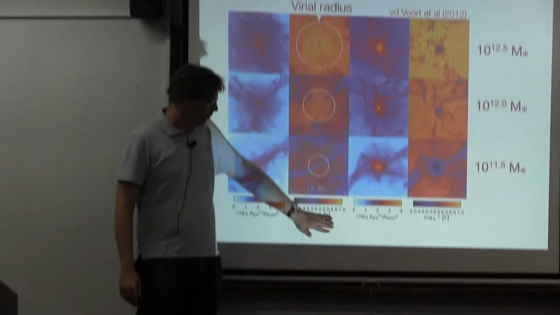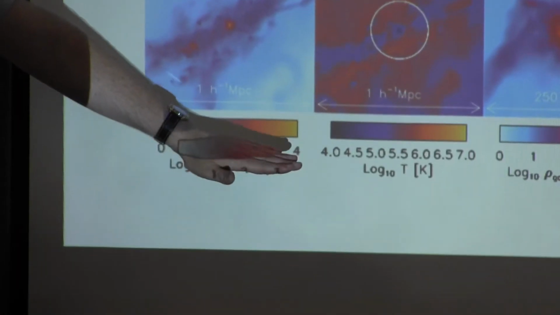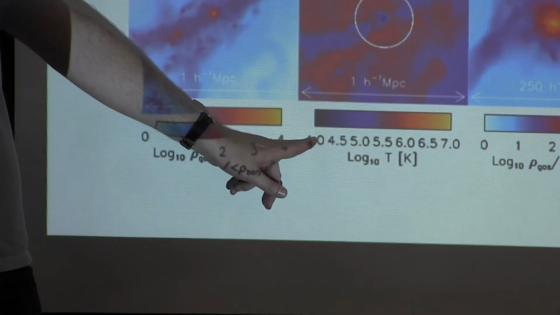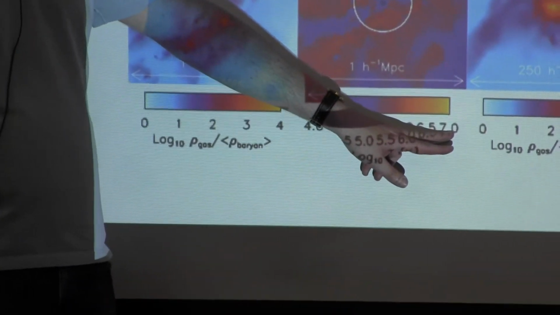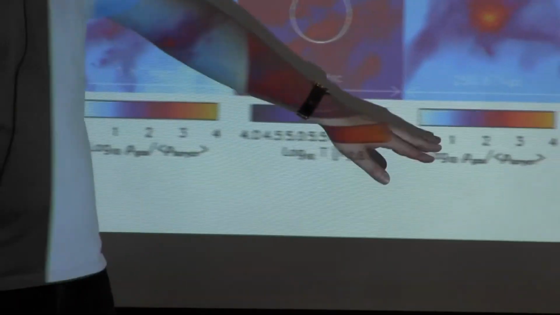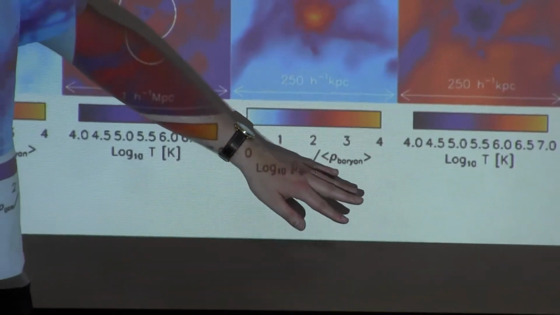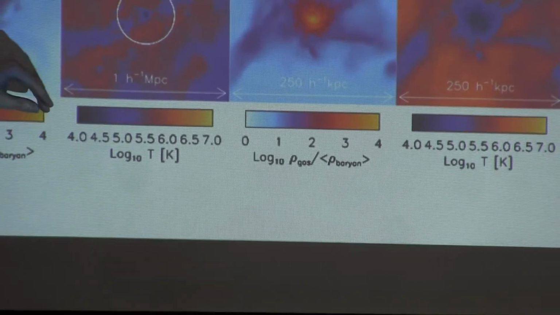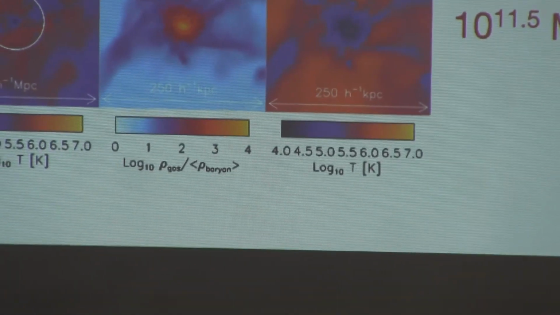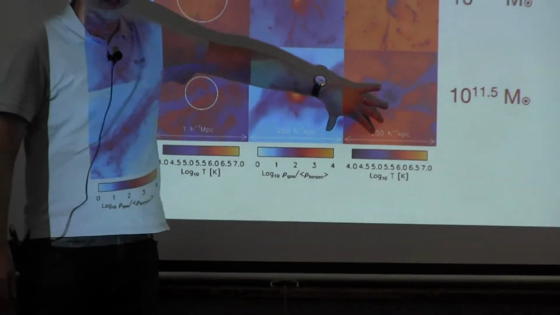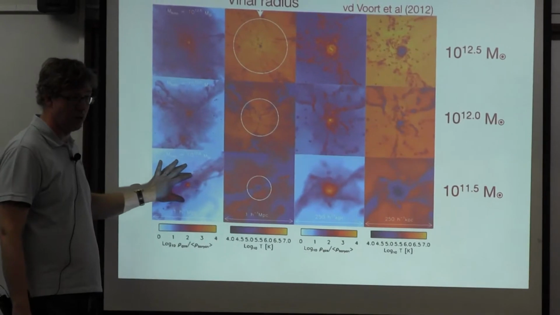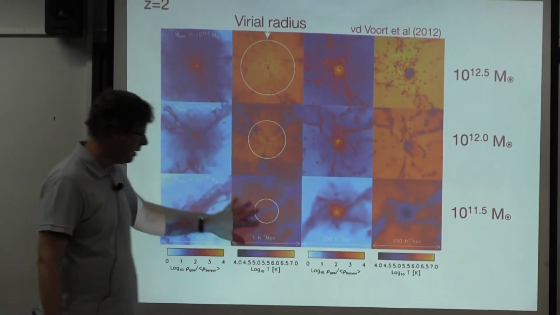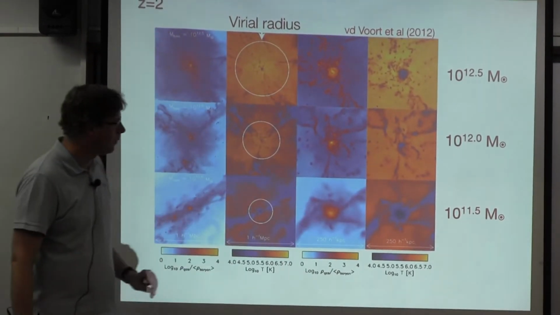This is temperature, in log temperature, from 10,000 Kelvin to 10 million Kelvin in yellow. This is the amount of gas over the mean baryon density, it's the density of gas. And this is temperature again. It's the same, these panels are the same as these panels, but these are more zoomed in. Okay, this is the central region, this is the bigger region. Okay? So overdensity temperature, overdensity temperature.